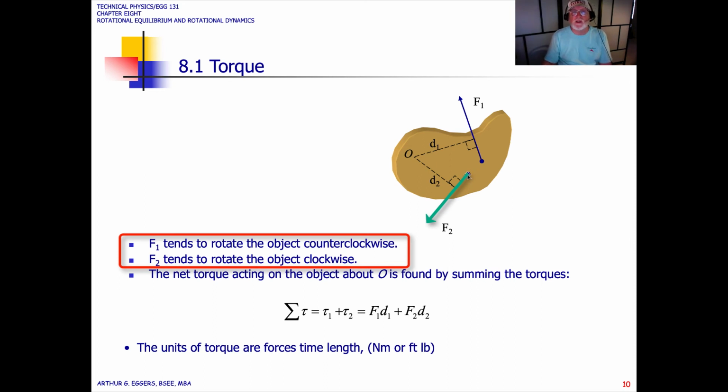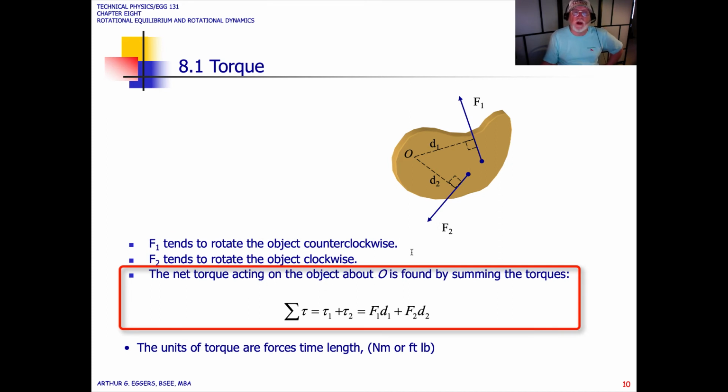So the force position will determine which one of these, F1 and F2, wins the battle. The net torque acting on the object about this point of rotation, O, is found by summing the torques, just like the summation of the forces.